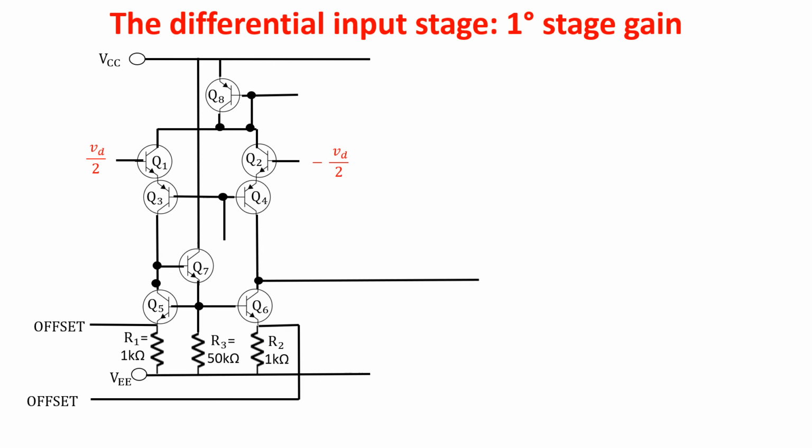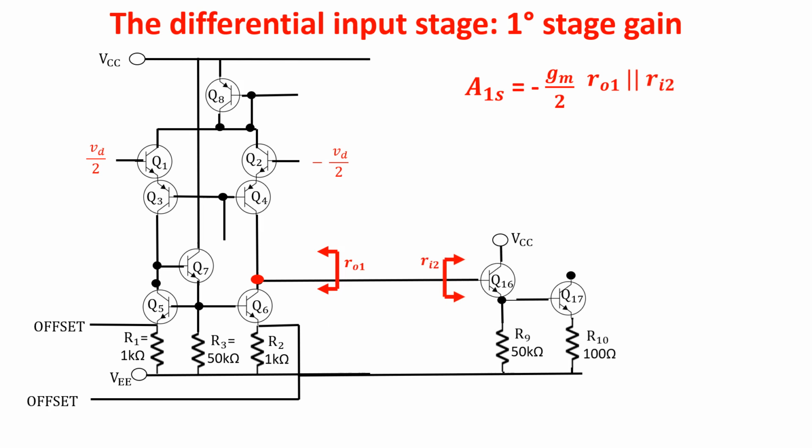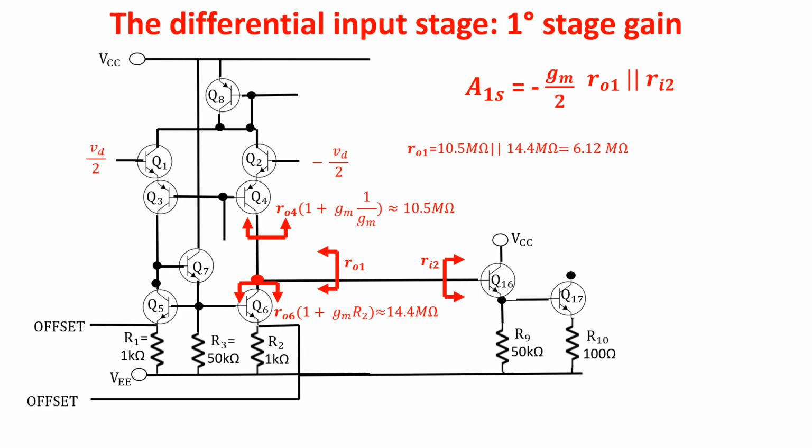Since we have found the first stage transconductance, we find the gain by multiplying it by the resistance seen at the output of the first stage, which is the parallel of the first stage output resistance and the second stage input resistance. The first stage output resistance is the parallel of this resistance looking into the collector of Q4 and this looking into the collector of Q6. So RO1 is equal to 6.12 megaohms.